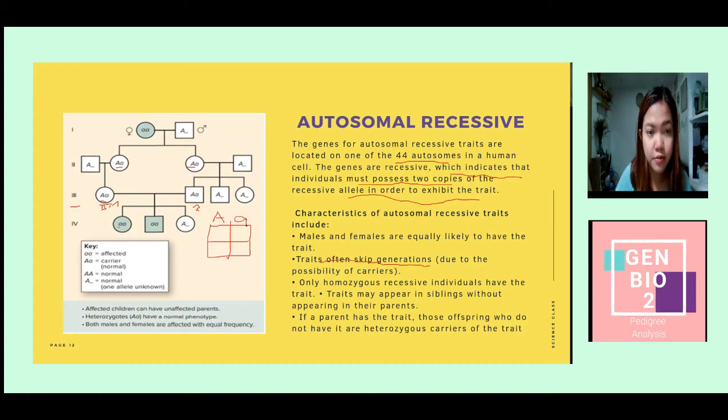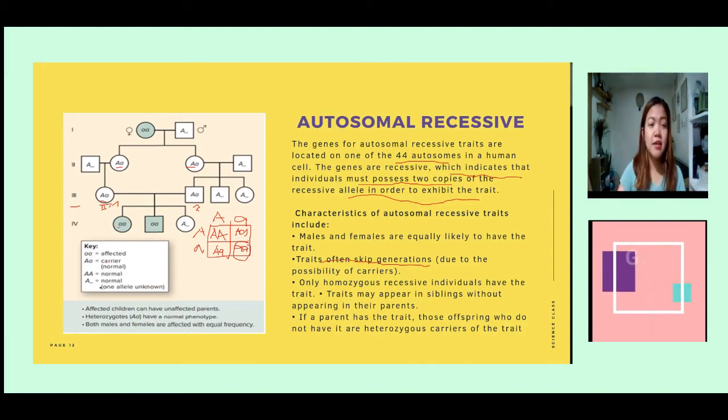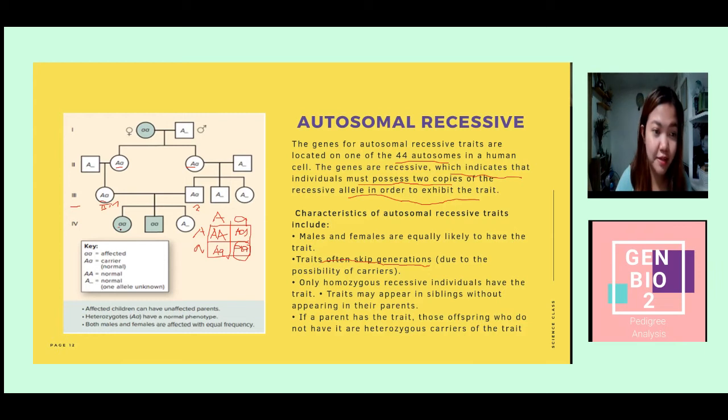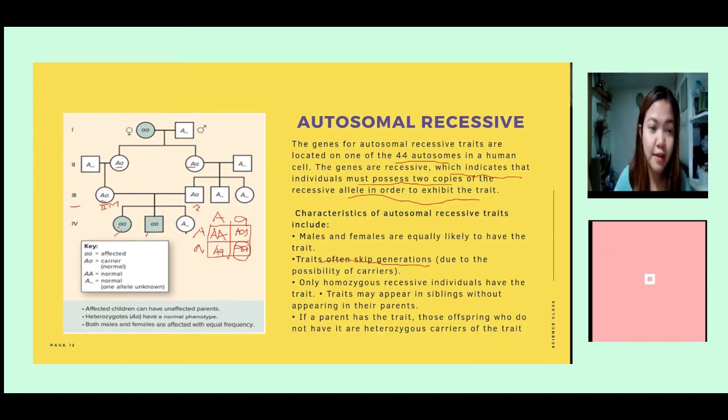2 heterozygote parents. So, itong parents na to, they have 25% chance of having affected offspring. So, ito yung affected offspring and meron tayo dito unaffected offspring.